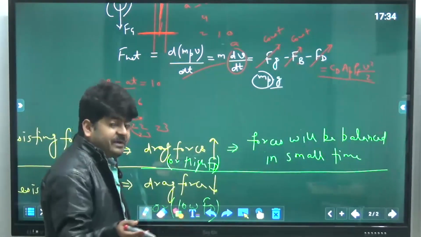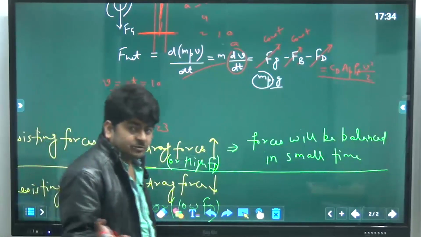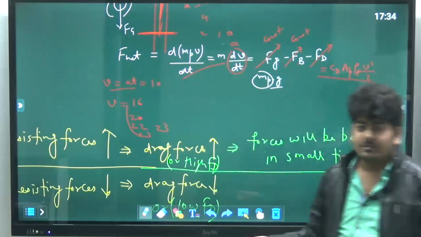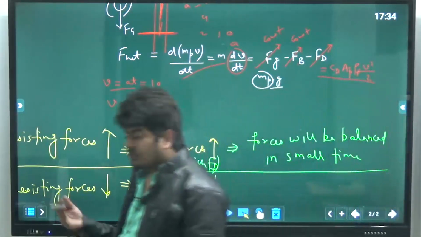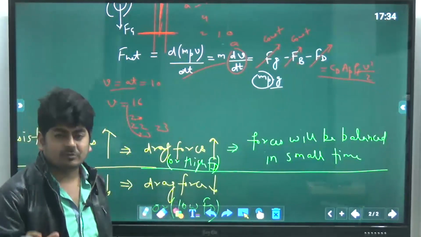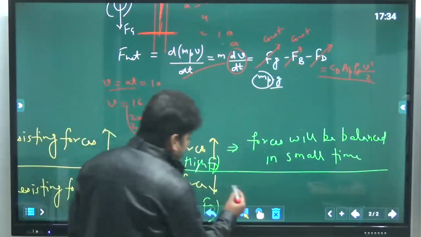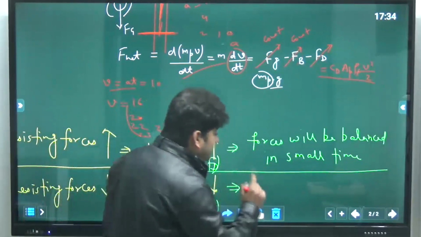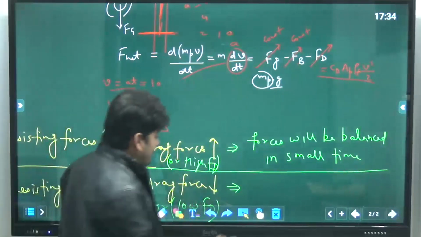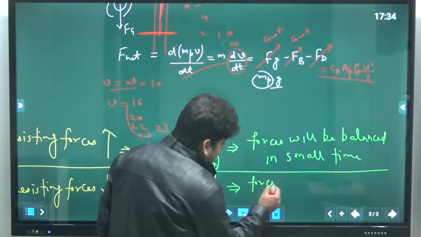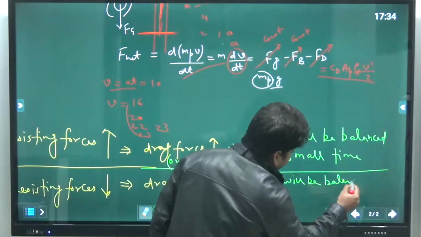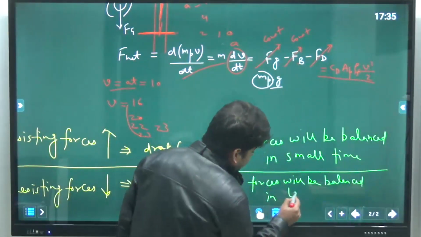That's why you are preparing for GATE exam. Because you think that after appearing in GATE exam and getting a good rank with good marks, we will get a good job or a good IIT or whatever it is, then life will be set. Everyone is trying to be stable ultimately. So here forces will be balanced again, but they will be balanced in a larger time. Forces will be balanced in larger duration.